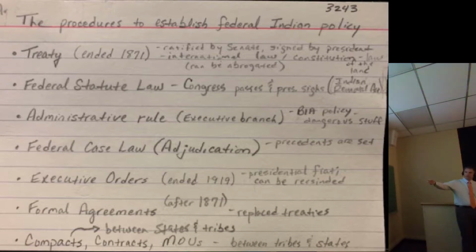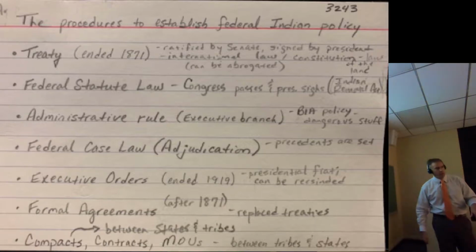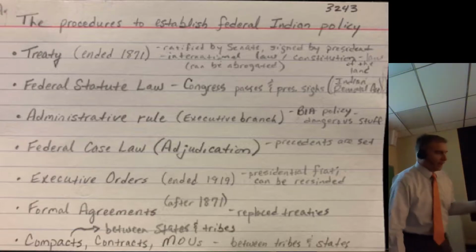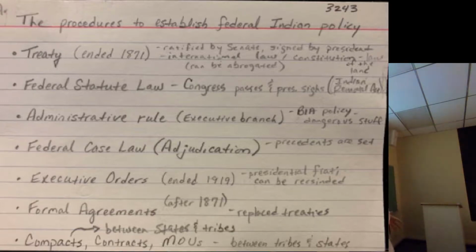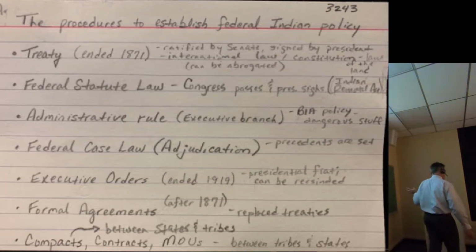So rather than fighting in court, tribes and states have realized that it makes a lot more sense to negotiate and work things out ahead of time rather than go to court, because going to court just slows everybody down and costs lots of money. So the compact process is one of those things that are new.